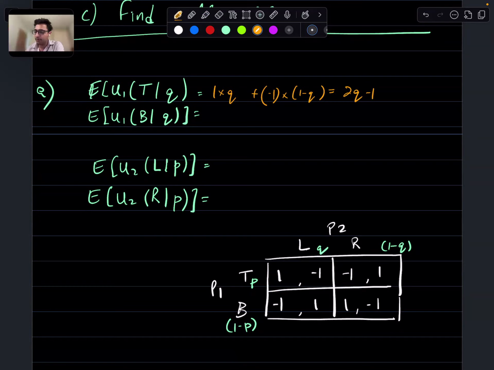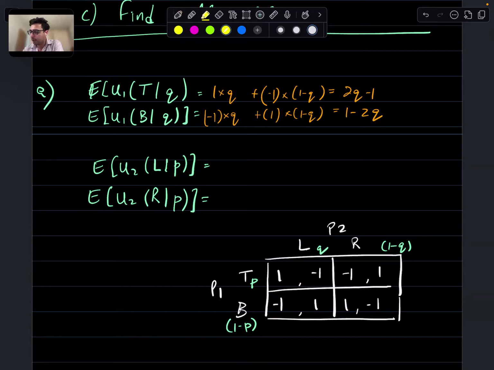When player 1 chooses B, player 1 gets this negative 1 with the probability Q, and this 1 with the probability 1 minus Q. And so you get negative 1 times Q plus 1 times 1 minus Q is equal to 1 minus 2Q.